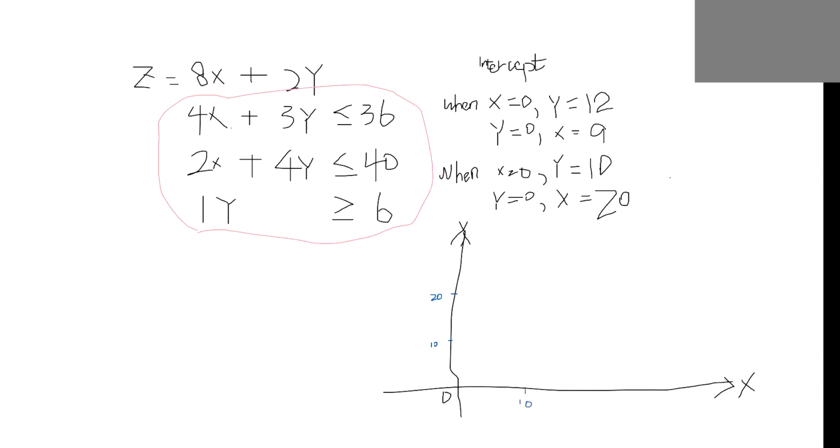And then x is 9 here, and y is 12, about here. And then you connect these two dots together. Okay, so this is constraint 1, 4x plus 3y has to be less than or equal to 36. Does it make sense to you?